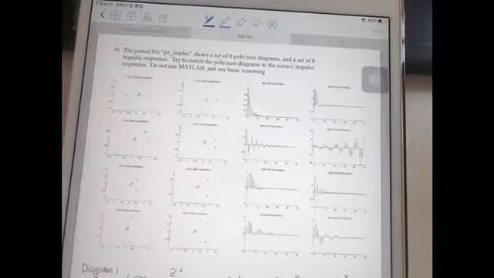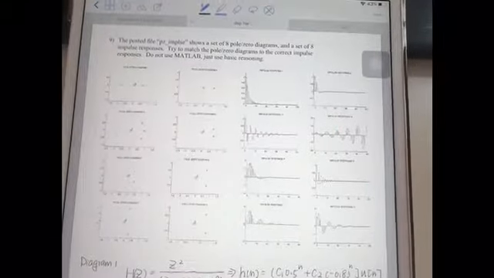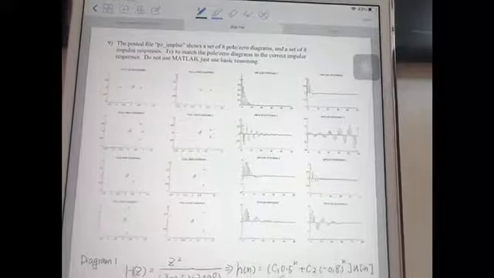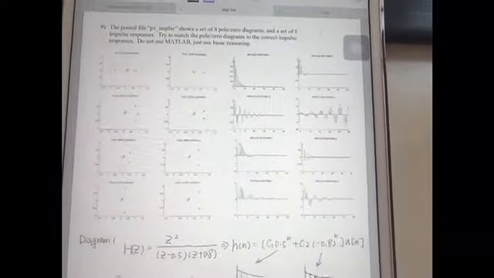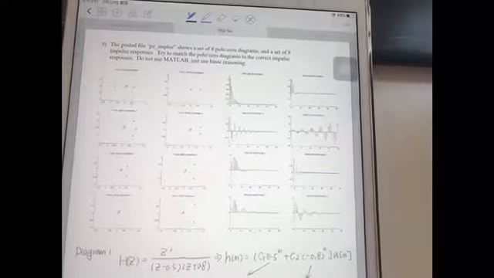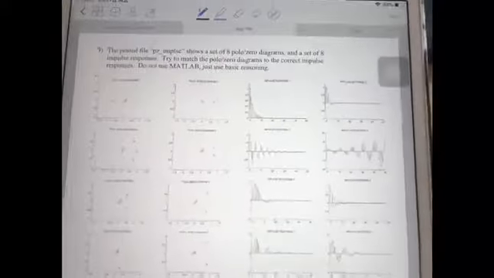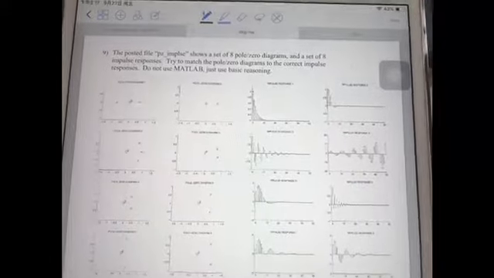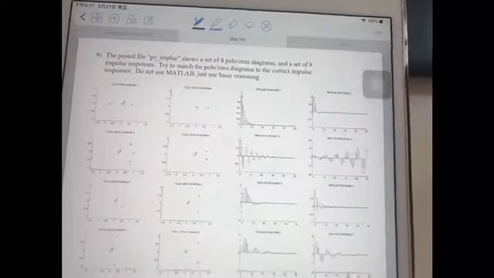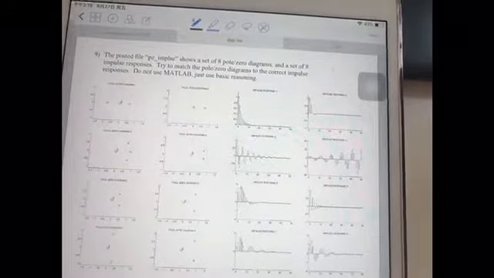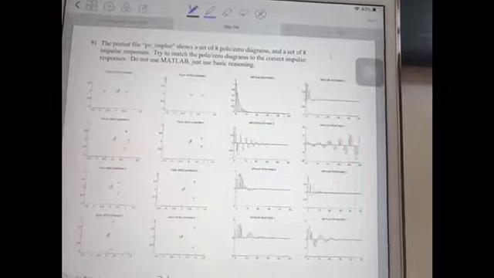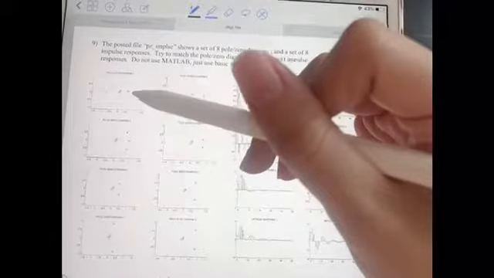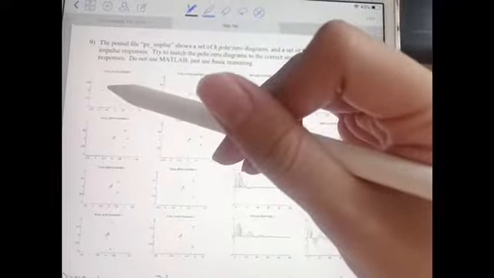From the diagram we can write the expression of H of the system. From the picture we can figure that there are 2 zeros, and the poles: one is about 0.5 and another is about minus 0.8.